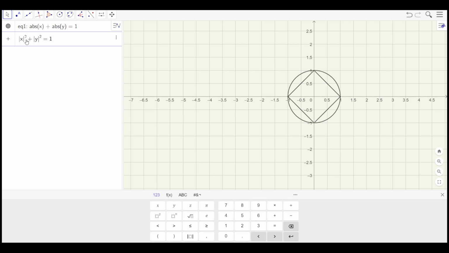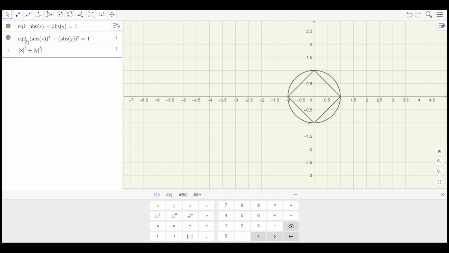And that is what you expect. That's the circle. Okay, now let me increase this: ABS of x to the power of 3 plus ABS of y to the power of 3.